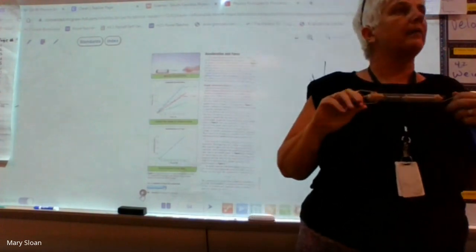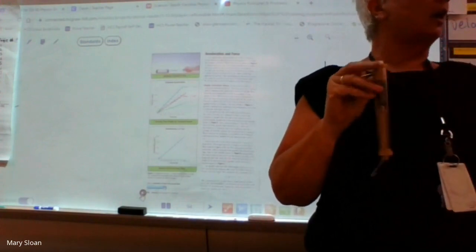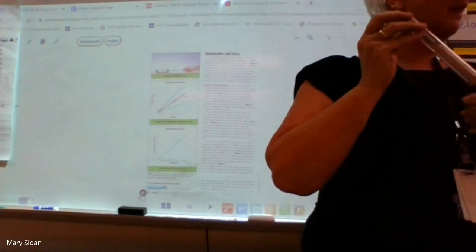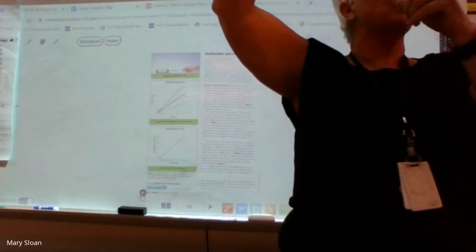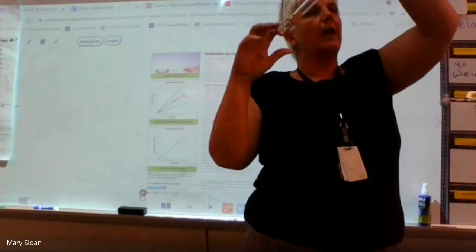Now let's think about this logically. If you had a spring scale and you had a car and you were pulling it up the ramp that we have out there, what do you think is happening to the force? Are you having to exert more force as it goes up the ramp? And then when it comes down the ramp, what happens?